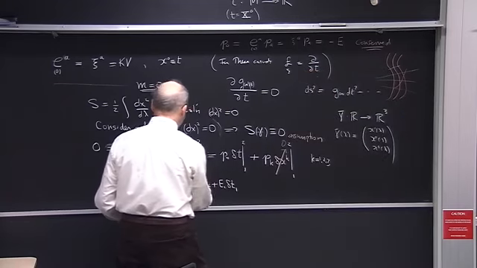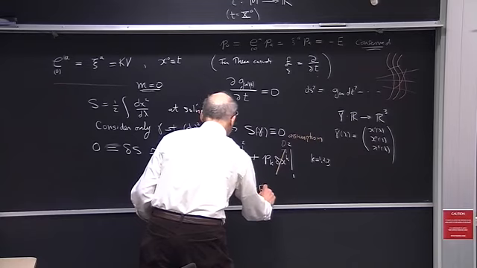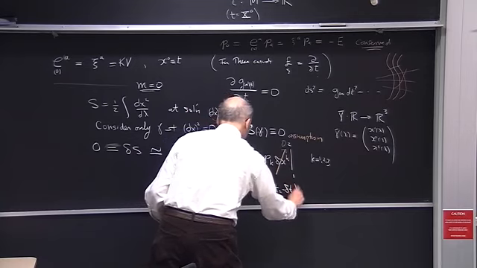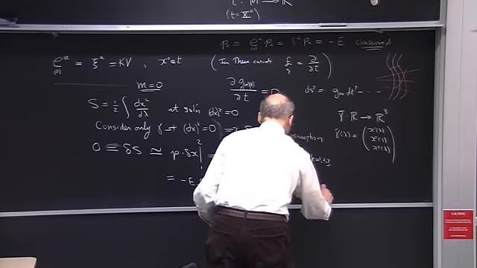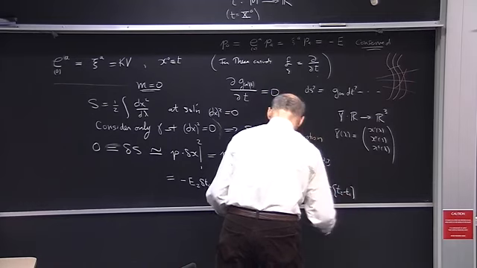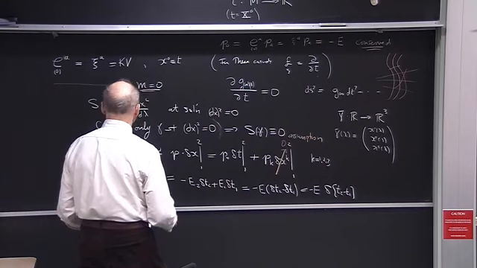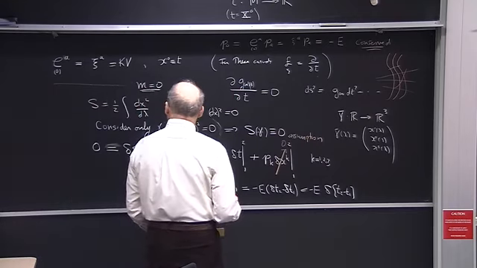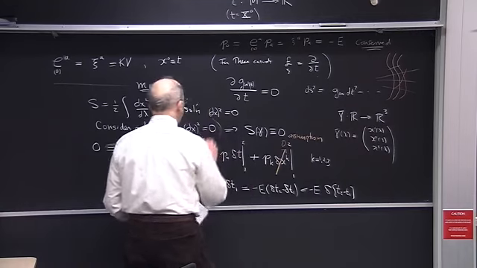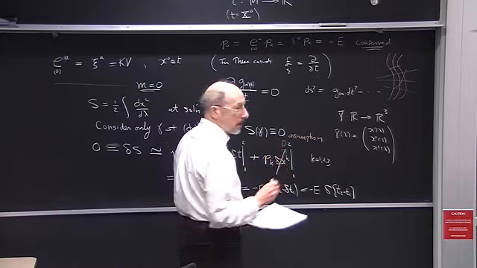Since it's conserved, that means it's constant along the world line. I can just call it E, and I can take it out in front, and I'll get minus E times the variation of t2 minus the variation of t1. But that's the same thing, obviously, as minus E times the variation of the quantity t2 minus t1. So what have we got? We took an arbitrary world line, but then we limited it by the assumption that it's going at the speed of light, and then we also limited it by saying that we won't vary its spatial endpoints.